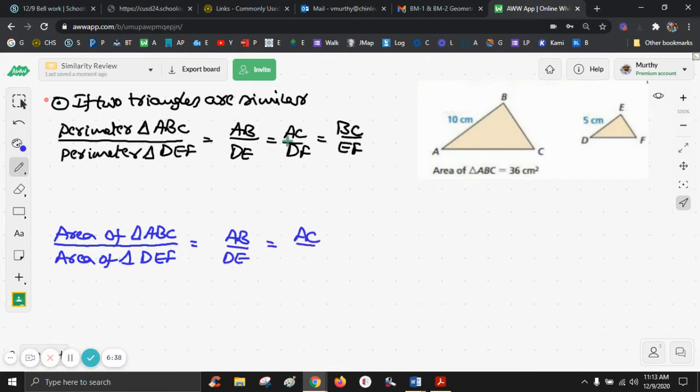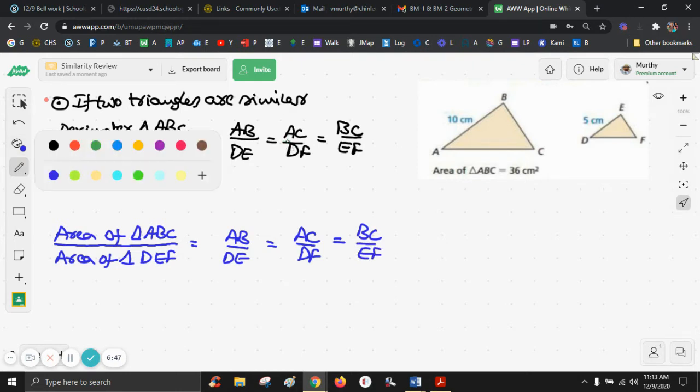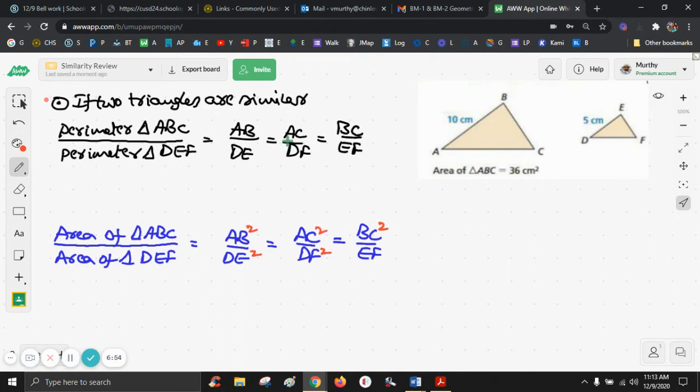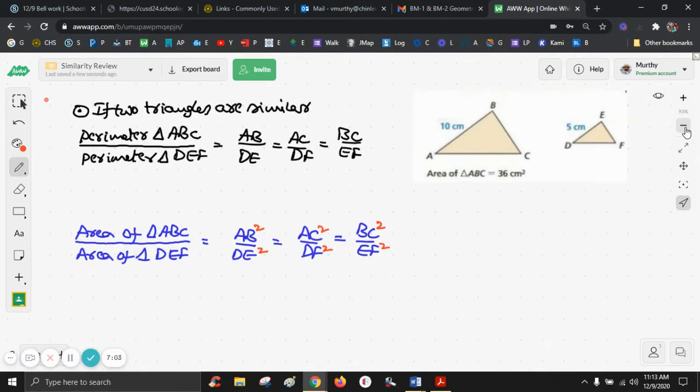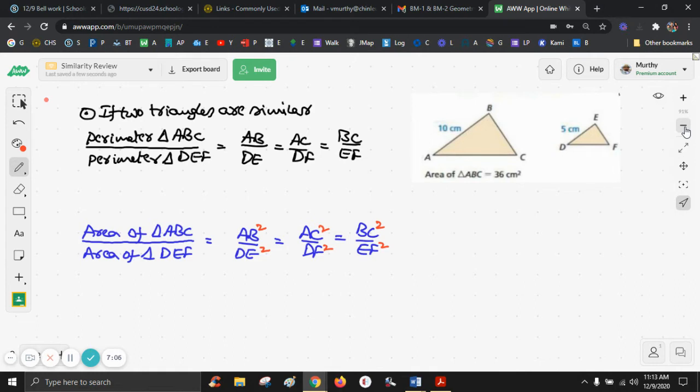So the sides are okay, AC over DF and BC over EF, but this is not correct for area. When you take the area, you have to take side square over side square. But when you take the perimeter, it is side over side. When you are computing area, you have to take side square over side square. So in this question it's given that area is given as 36.